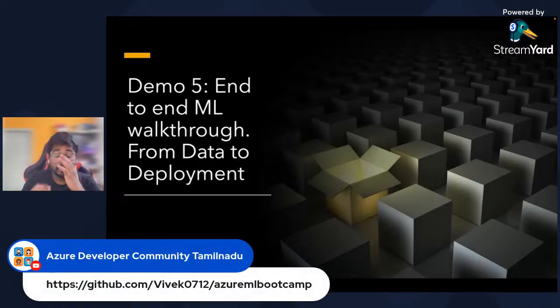So let's take it from the very first step: how to create your datasets and how to authenticate your workspace. I'll quickly go through the Azure Machine Learning architecture, and then I'll take you through how you authenticate your workspace, create a dataset, access the dataset, and then create a single script job that will train your machine learning model.